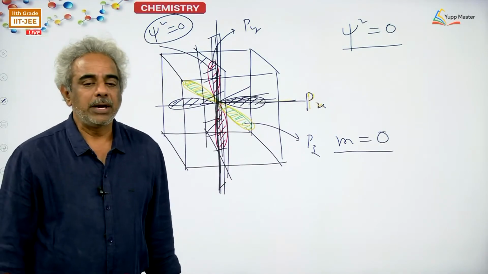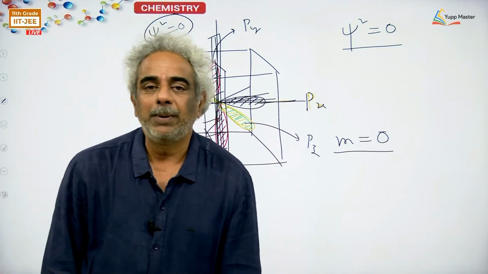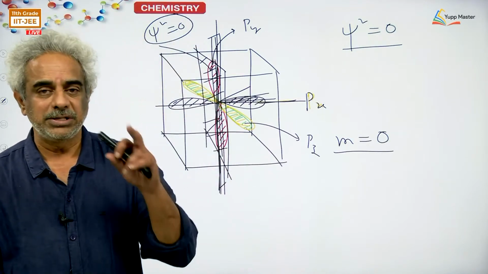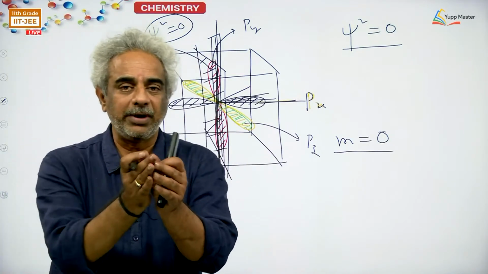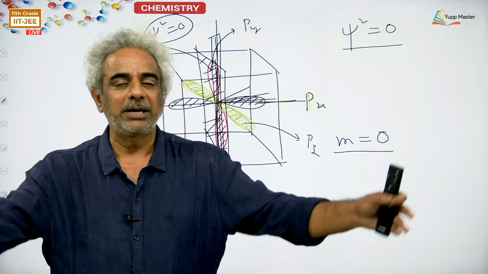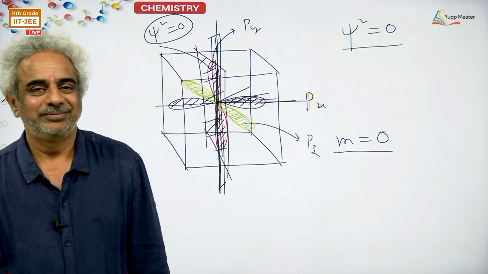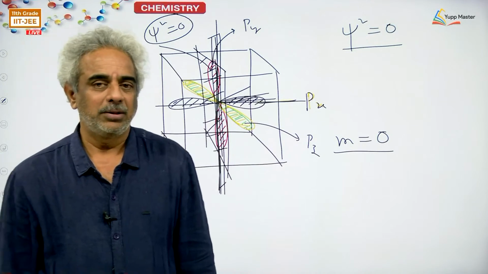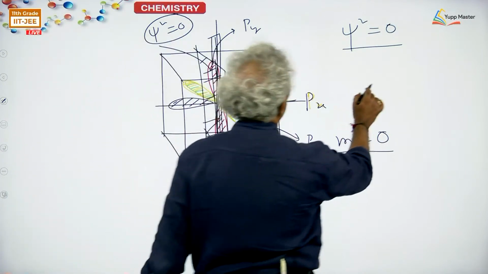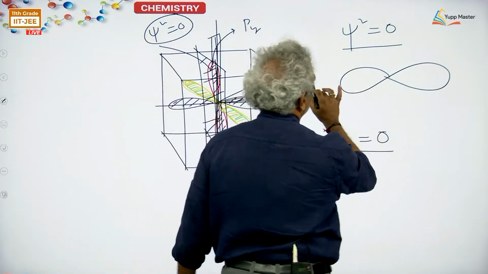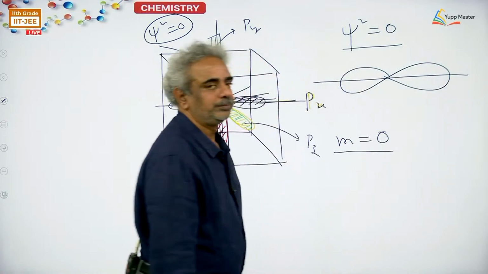So how do you define a nodal plane? A nodal plane is a plane on which electron density is 0, and the plane should divide the orbital into two exactly equal parts. Suppose you have a p orbital like this. Why don't you take this as a nodal plane?